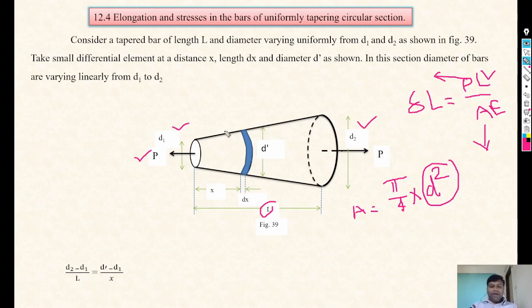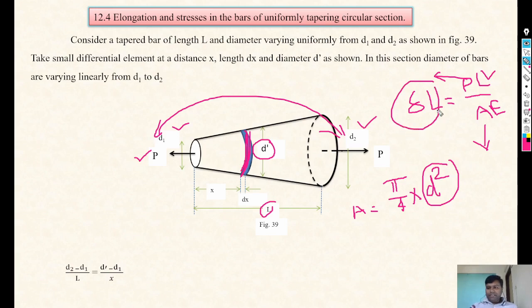That's why we have considered this small element and its diameter d dash. We have to calculate this d dash in terms of d1 and d2. That is our main aim in calculating the change in length. One thing is clear: for the change in length we require P, which is already given in the numerical.